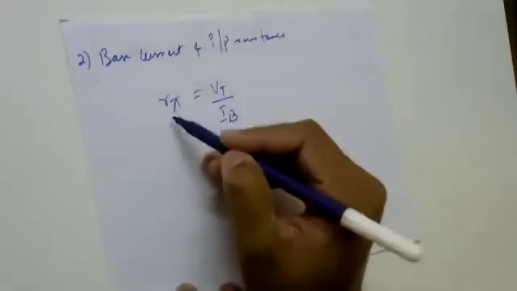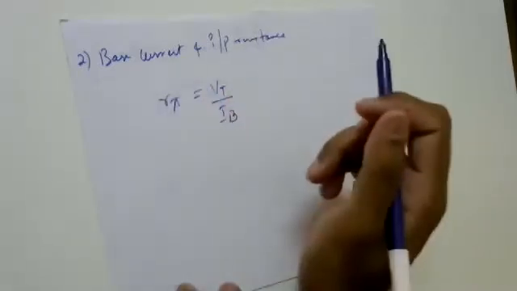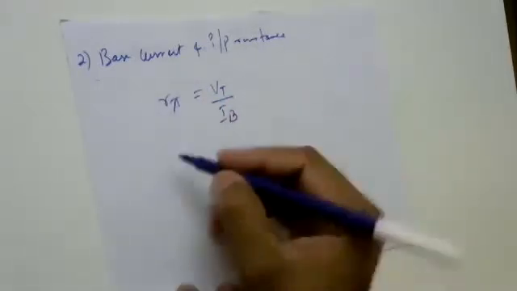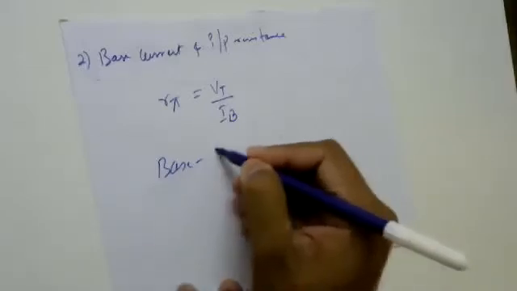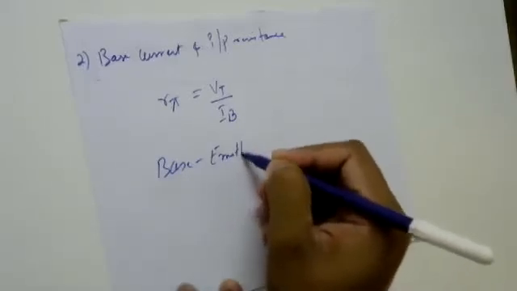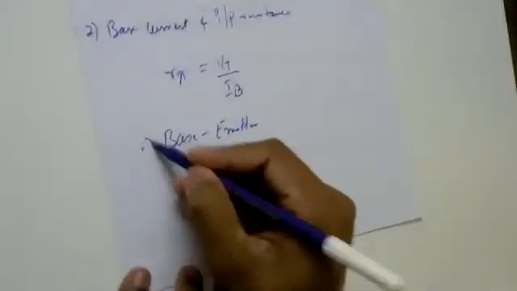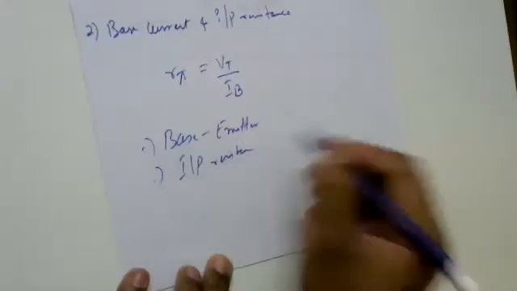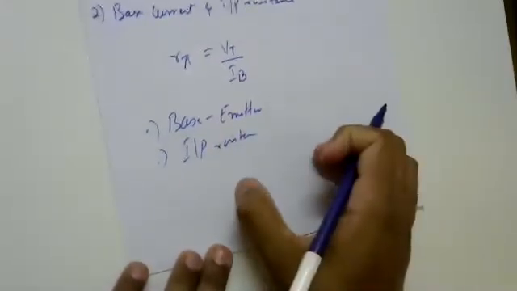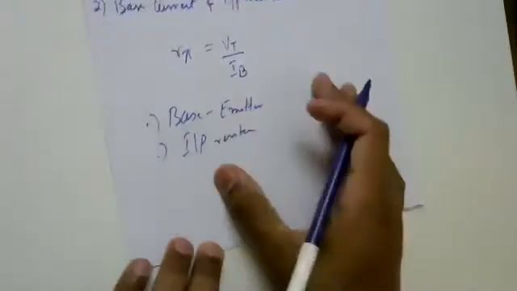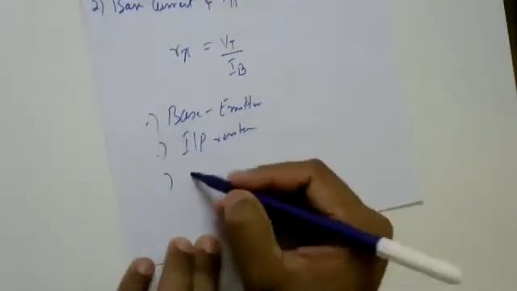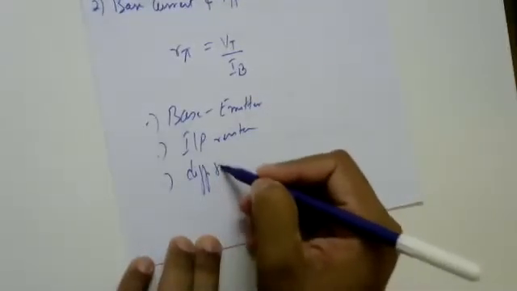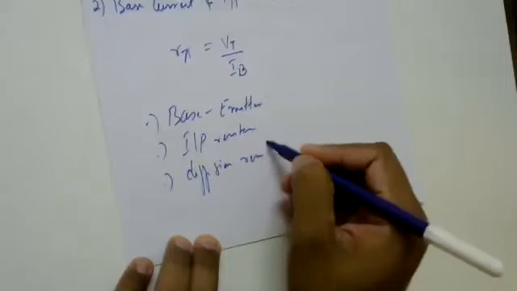This r pi is called the base emitter resistance. It is also called the input resistance, and the alias name for this is the diffusion resistance.